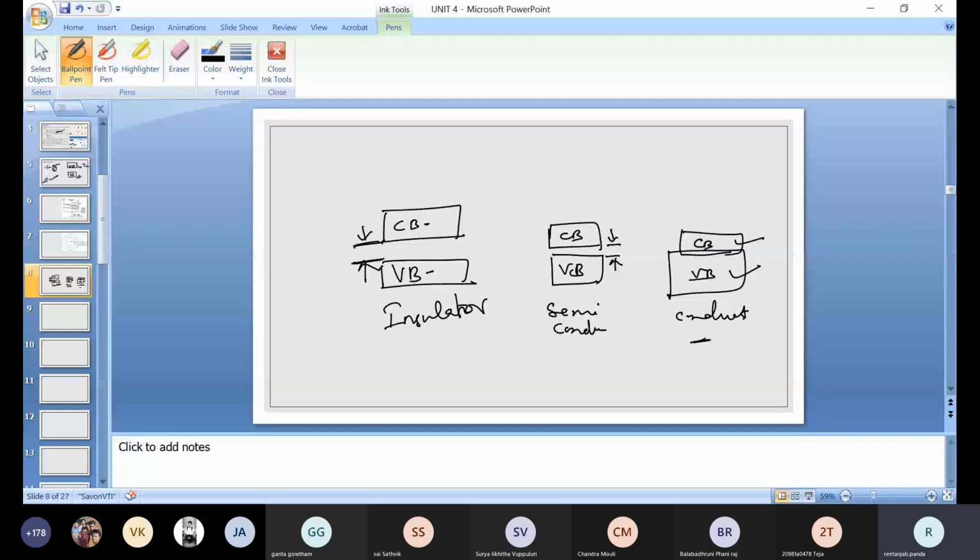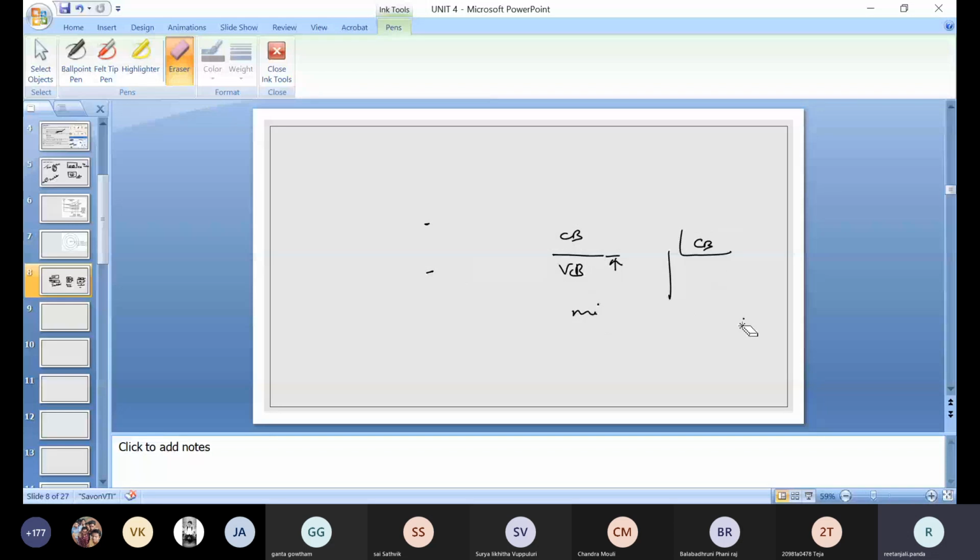Similarly, a material which is an insulator does not have any free electron in the conduction band. That's why it is not a good conductor of electricity and it is not going to let the current pass through it. So it is an insulator. But when we consider a semiconductor, we see that this particular material shows both properties.